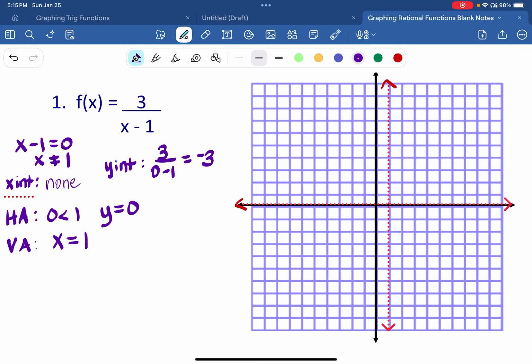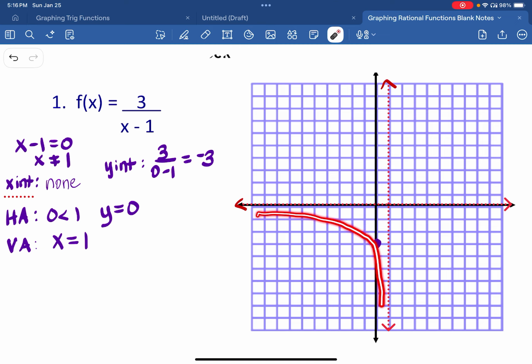We know that there is no x-intercept, and that makes sense because we have a horizontal asymptote along the x-axis. The graph's not going to cross that, so that's why there's no x-intercept. Your y-intercept is -3, so we're going to graph -3, 1, 2, 3, right here on the y-axis. So that tells me that this part of the graph is going to do something like that.